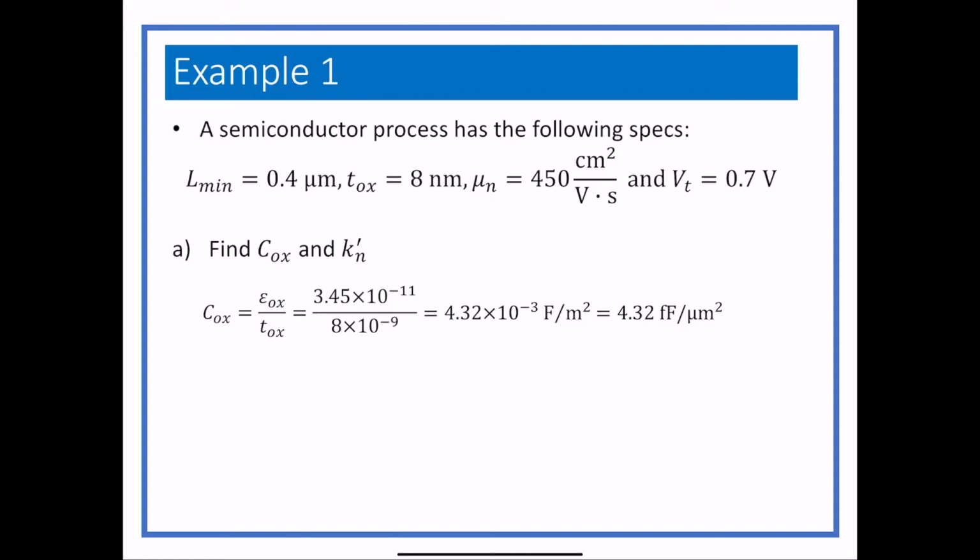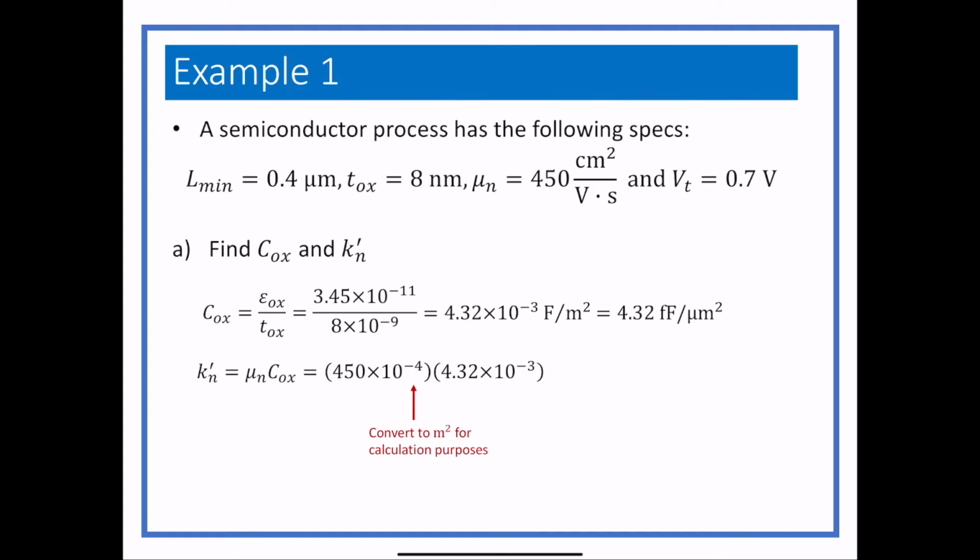But for the next part, we're actually going to use the farads per square meter part to go ahead and fix that. So we're going to use 450 times 10 to the minus 4 for the mobility of the electrons, because we're going to change that into meters squared per volt second rather than centimeters squared per volt second, which makes it easier than trying to convert it to micrometer squared.